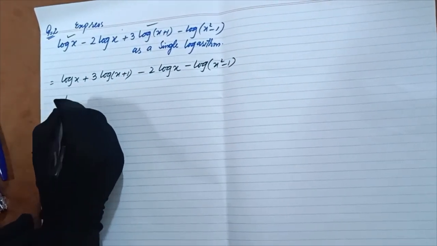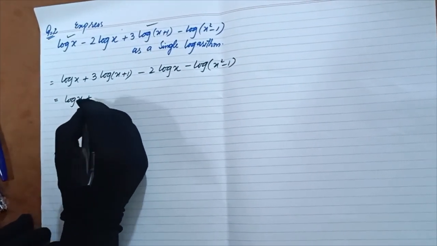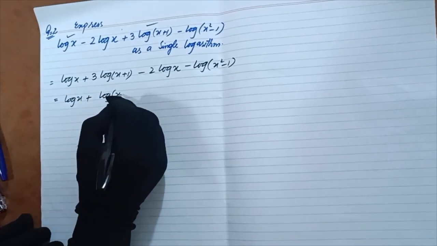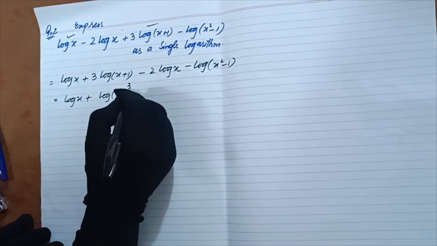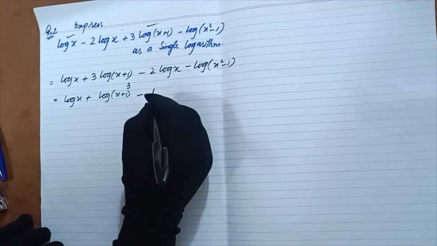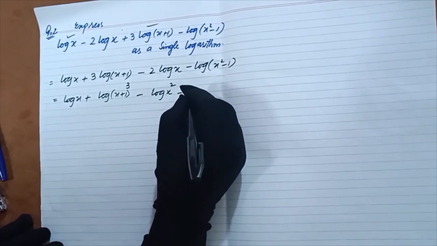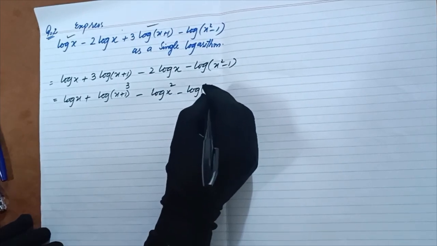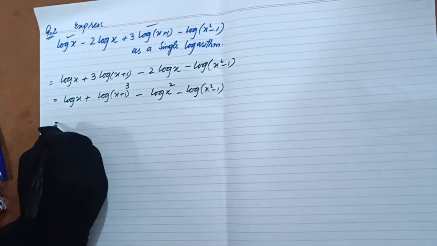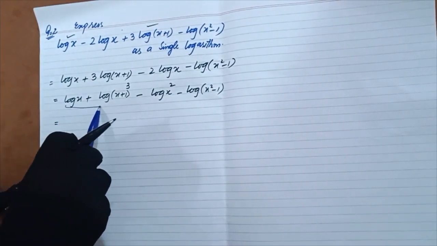So log of x plus log of x plus 1, this is shifted in the power, minus log of x, this is also shifted in the power, minus log of x square minus 1. Now these two are with the plus.